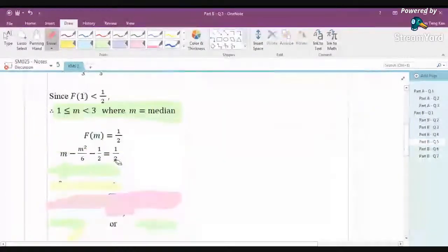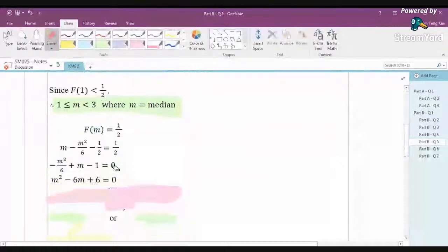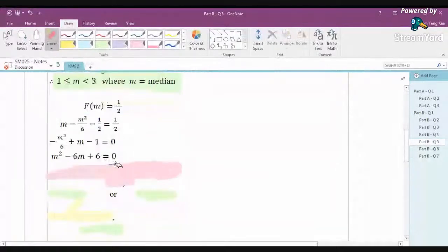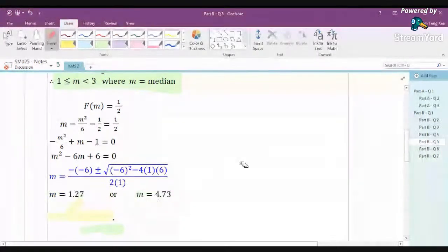After I simplify, I have a quadratic equation, m squared minus 6m plus 6 equals 0. What we do is first try factorization, and if possible, we factorize to get the answer. If not possible, we apply the quadratic formula, and then we solve to have two possible answers.